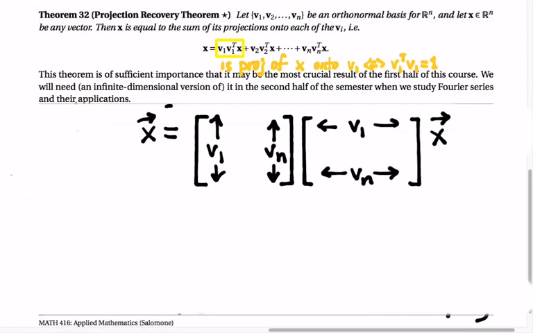And so we have to justify why this should be a true statement in the situation where v1 up through vn forms an orthonormal basis for Rn. So why should we expect that this is the case?